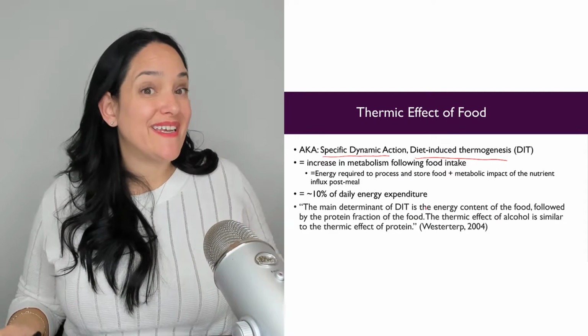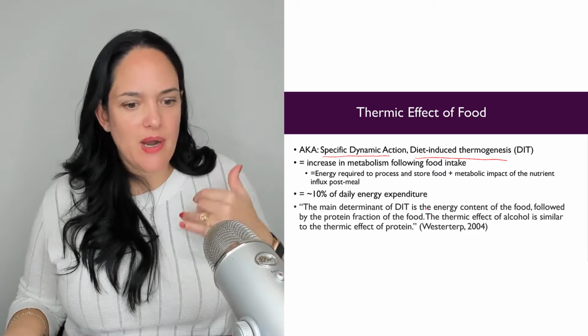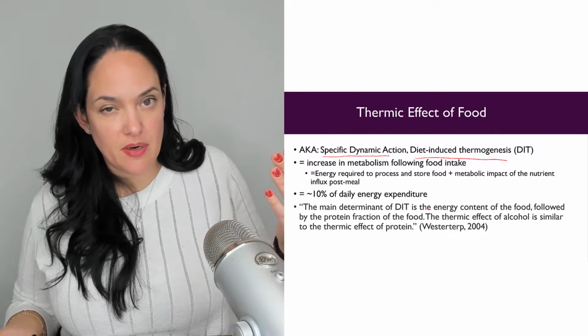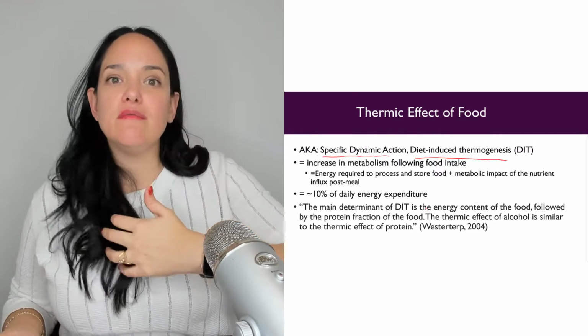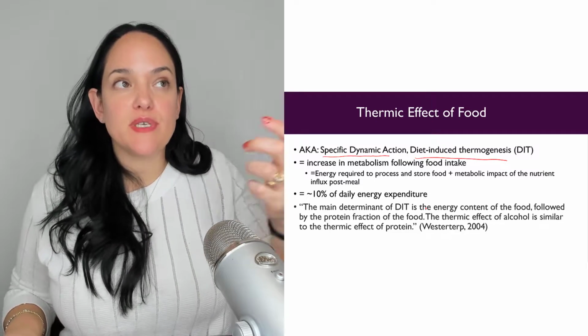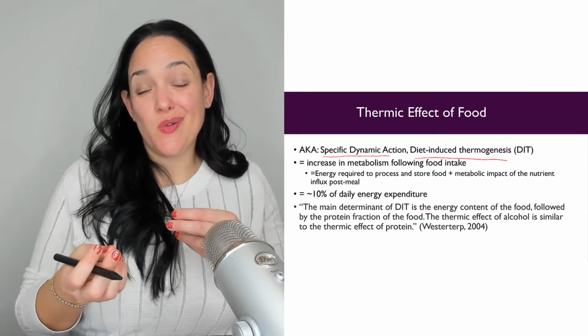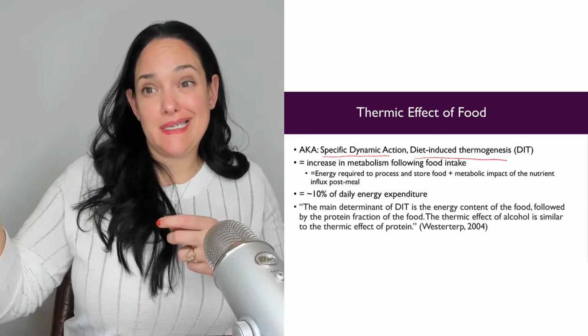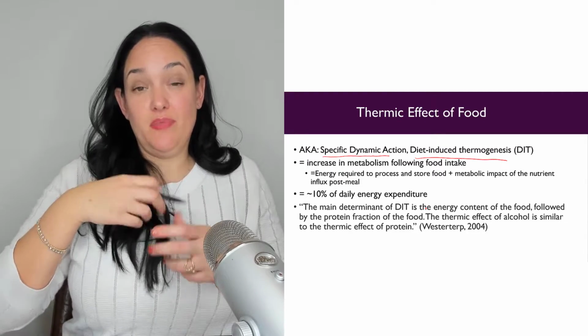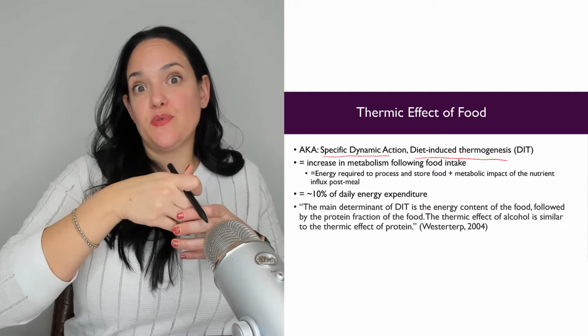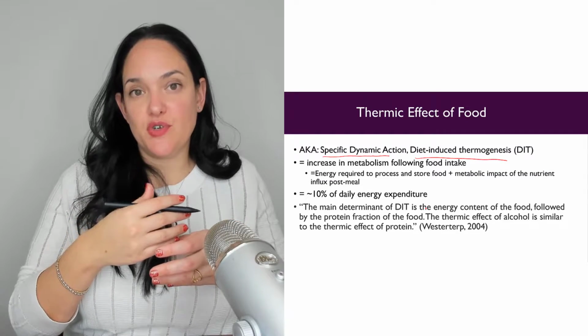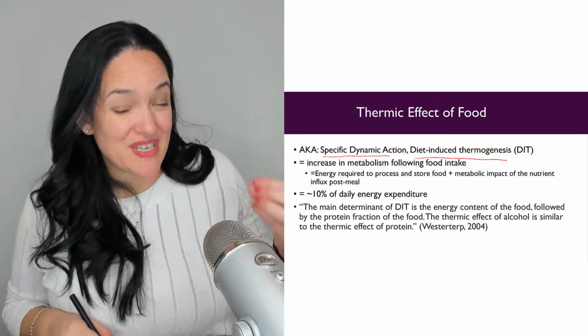So what is this energy requirement? If you remember back to your first year nutrition, an example of what we use energy for is to bring glucose or amino acids into the bloodstream, to have them pass through the intestinal cells and get into your bloodstream, you need to use active transport.